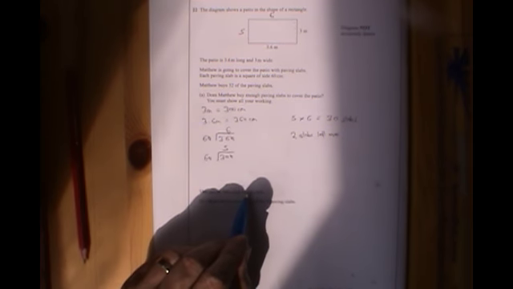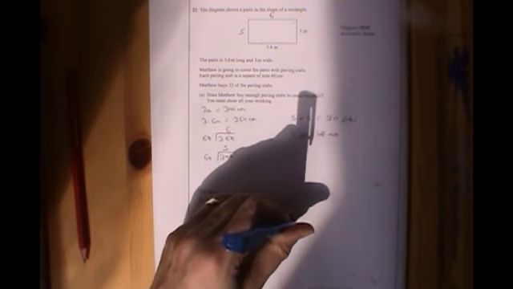Split it into hundreds, tens and units. So the £8.63 is 800 pence and 60 pence and 3 pence. And the 32 is 30 and 2.